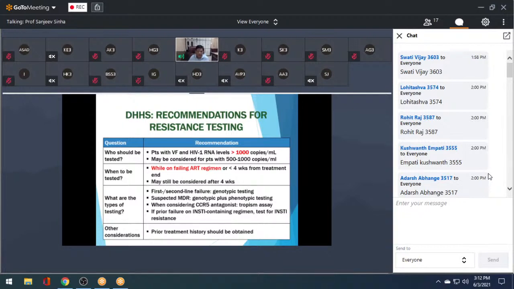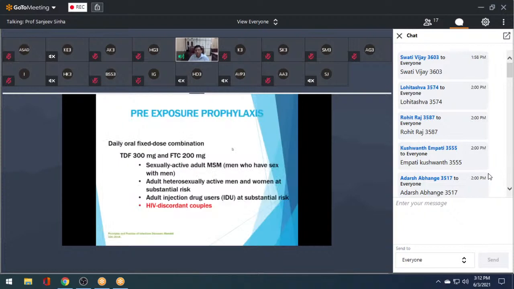And then other considerations like prior treatment history should be okay. So there is a guideline or recommendation from different societies, and based on those guidelines, we do HIV resistance testing. And I would like to tell here that it is a costly test.